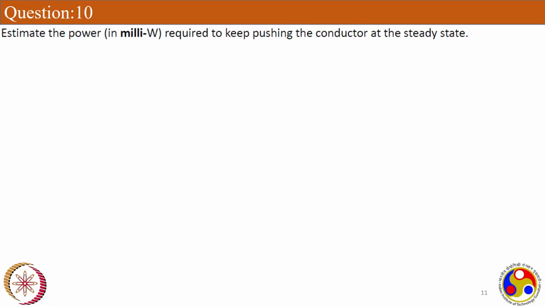Now we have to estimate the power in milliwatts required to keep pushing the conductor at the steady state. I would ask you, what would be the formula for power? You know the velocity, you know the force. I already gave you the hint. Yes, power equals force into velocity.